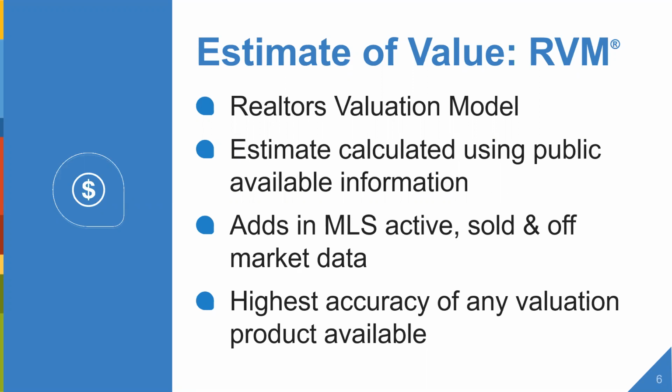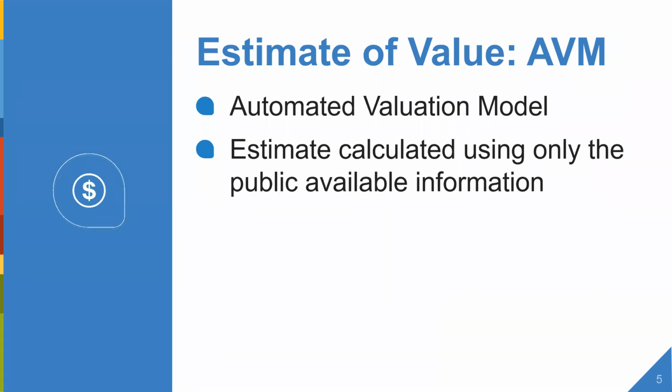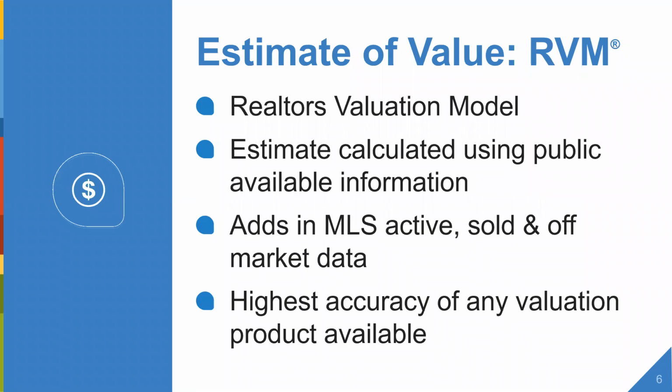With an AVM, you're dealing with just general information. If there's enough information around, maybe it'll produce an accurate number. With the RVM, it won't even bother stepping up from an AVM to an RVM unless certain information criteria are met. So you always want to make sure that if you see an RVM, take that into consideration as a very reliable source.